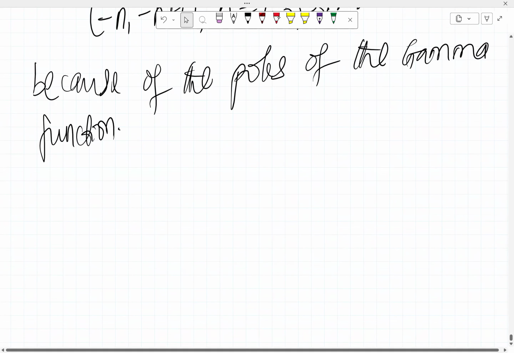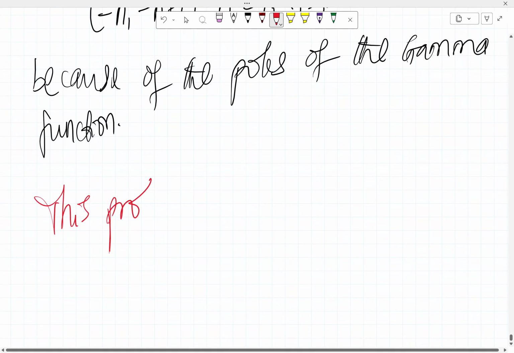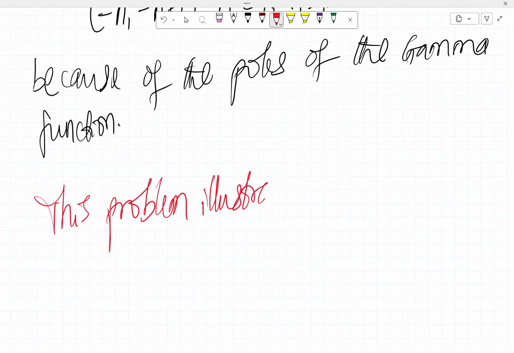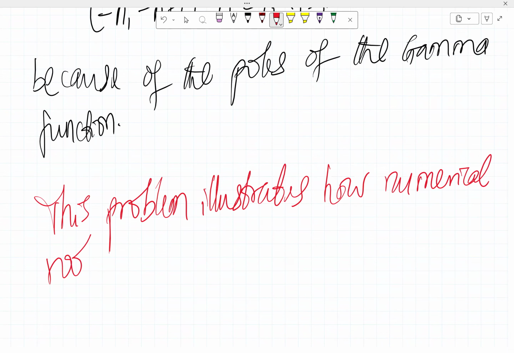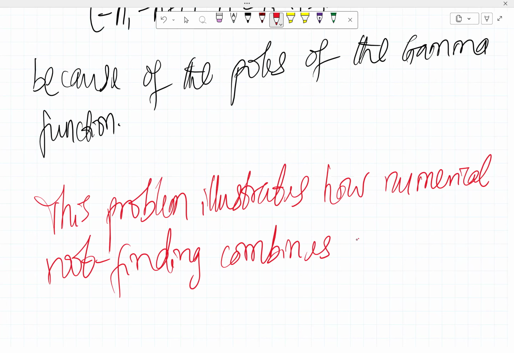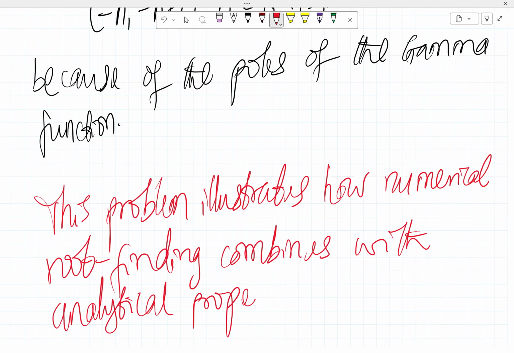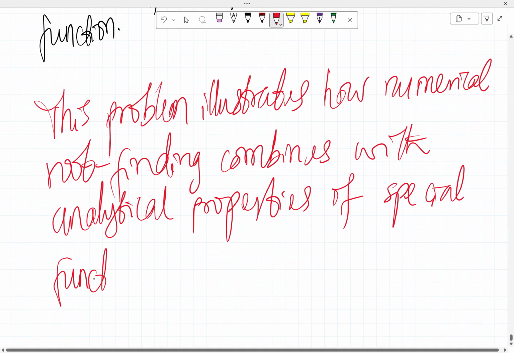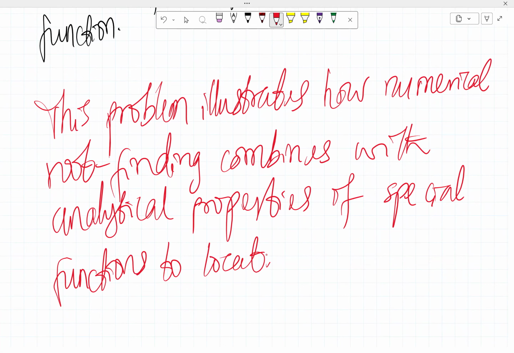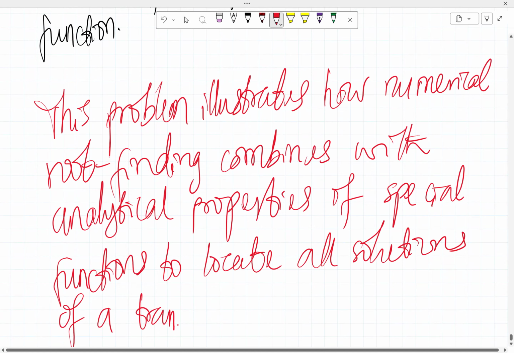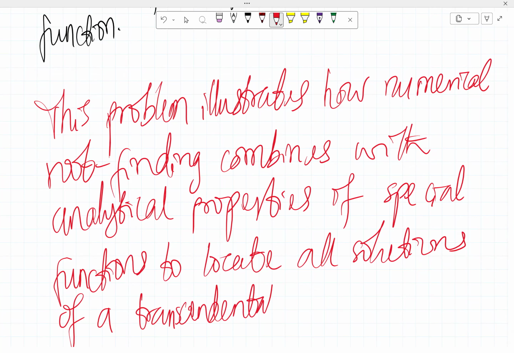In the final remark, this problem illustrates how numerical root finding combines with analytical properties of special functions to locate all solutions of a transcendental equation.